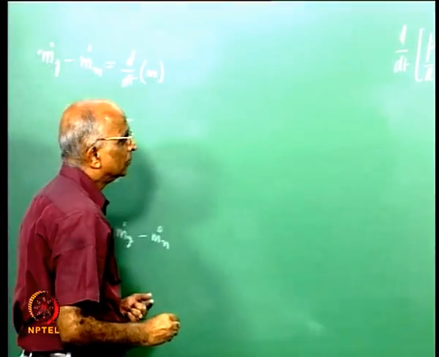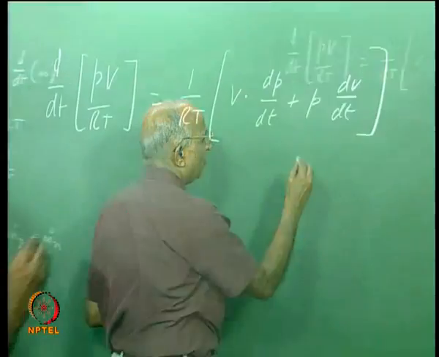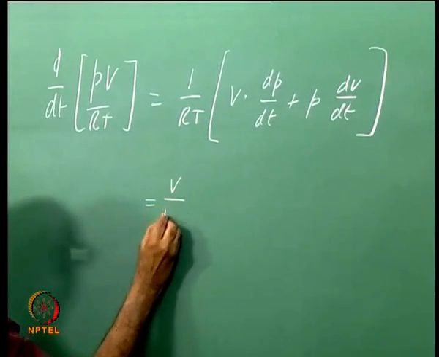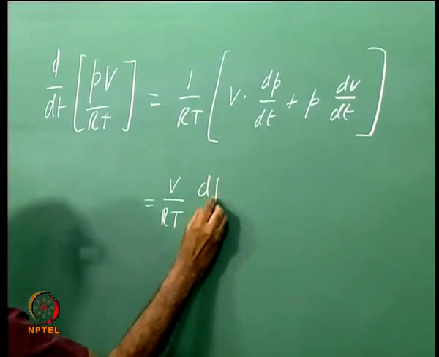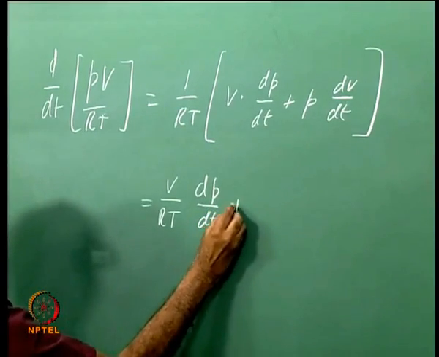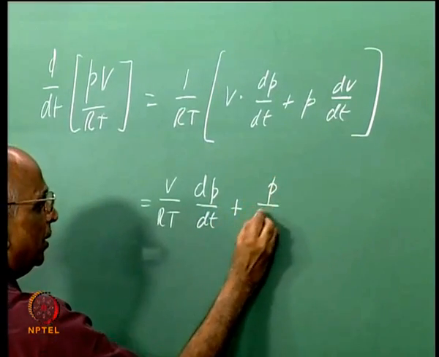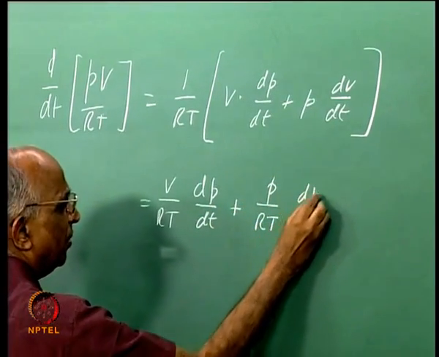Now again I simplify this: V by RT of dP by dt plus P by RT of dV by dt.